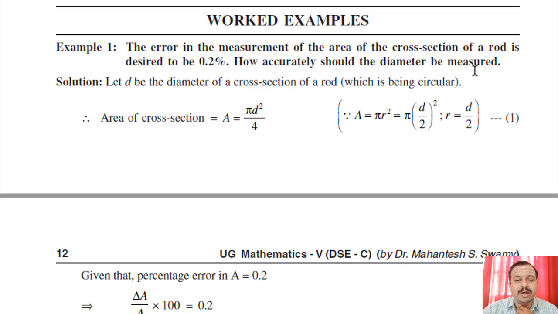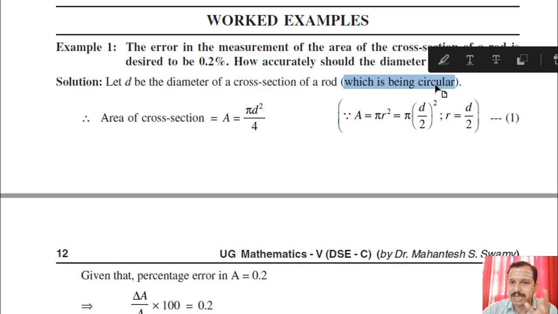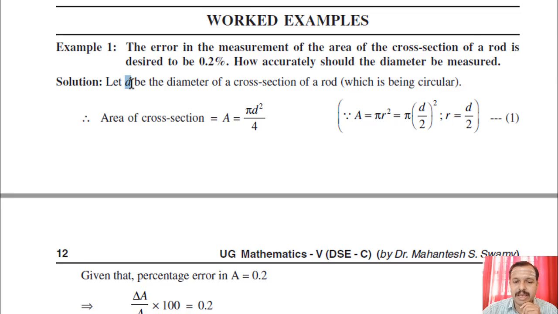Now, start the solution. Suppose that small d is the diameter of the cross section of a rod. We assume that the cross section of the rod is circular. When the cross section of the rod is circular and d is the diameter, the area of the cross section of the rod is simple. That is the standard formula.